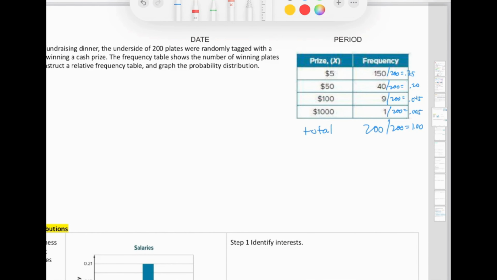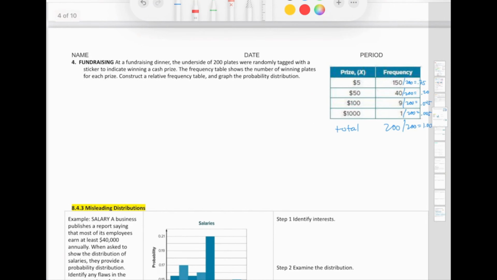Okay, so the title of this one is Prizes Won. I have the prize amount, and we had $5, $50, $100, and $1,000.